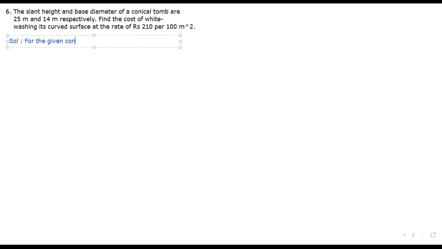For the given conical tomb, what is given? Slant height L is 25 meters. Yes or no? And diameter is 14 meters, means radius is 7 meters. Yes or no, children?